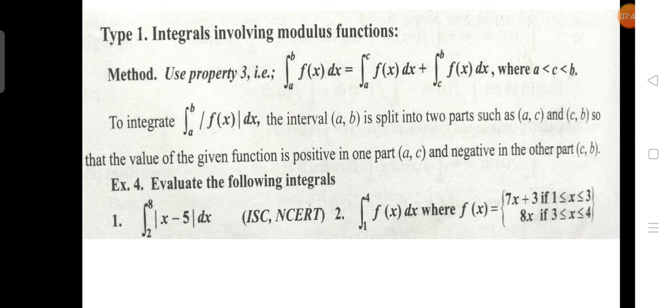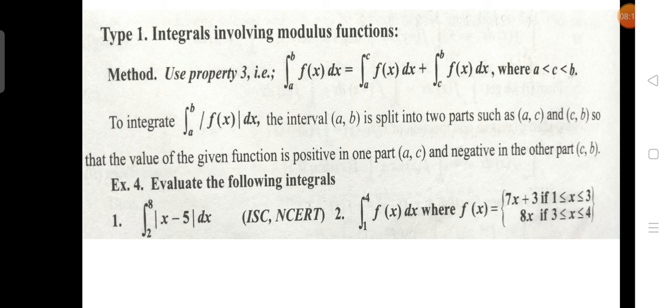If a modulus function is given in the question, what should you do? The integral from a to b of f of x dx is equal to the integral from a to c of f of x dx plus the integral from c to b of f of x dx. Property 3 should be used in problems which involve modulus functions. So we can split the interval a to b, in which c has to be taken. In the question it will be given for you.